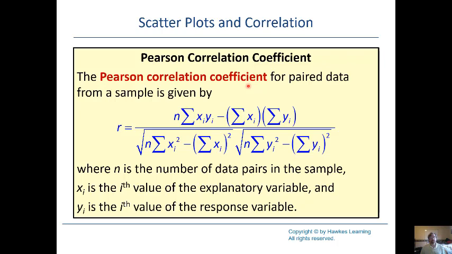Okay, so the Pearson coefficient is given by this equation. So we've got the number of data pairs times the sum of the product of the x and y value for each pair. So this is like, what was it? First quarterback was 46 touchdown passes and 3 million. So you multiply those.